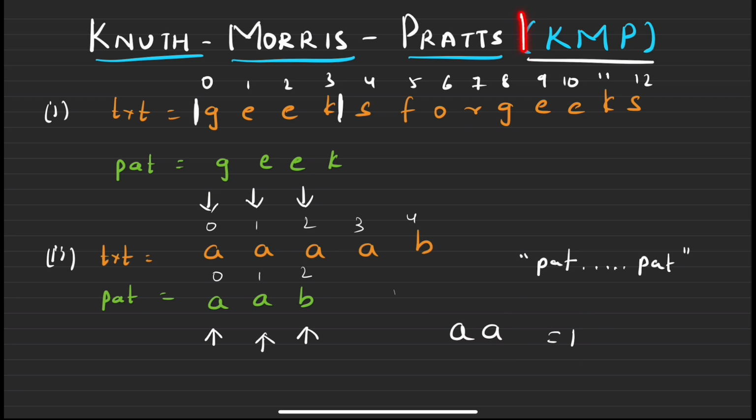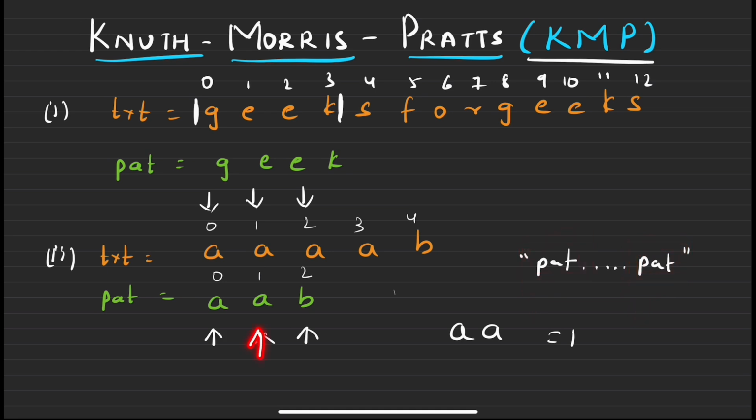Simple. So this way the KMP algorithm works. In our brute force approach, we are directly bringing our pointer to the starting index. But in the KMP algorithm, we recognize the pattern, and instead of starting again from the start, wherever the latest pattern has been matched, we'll bring our pointer to that part instead of backtracking to the starting, right?